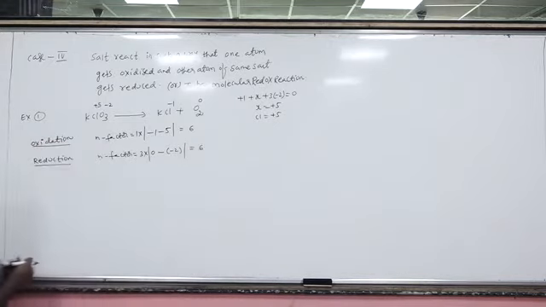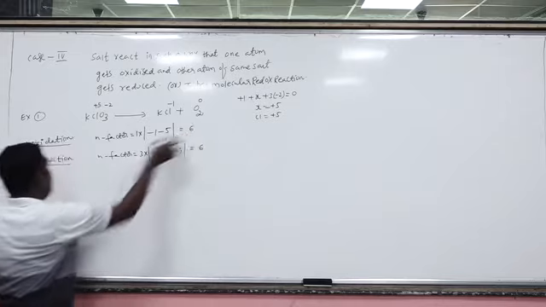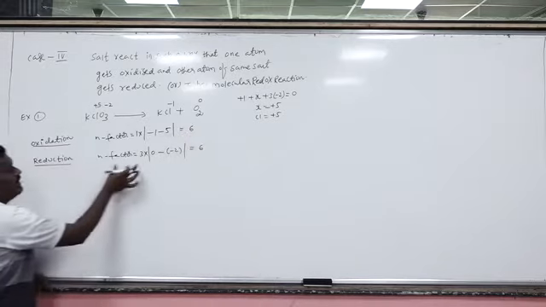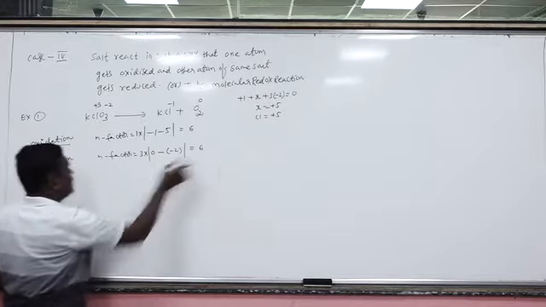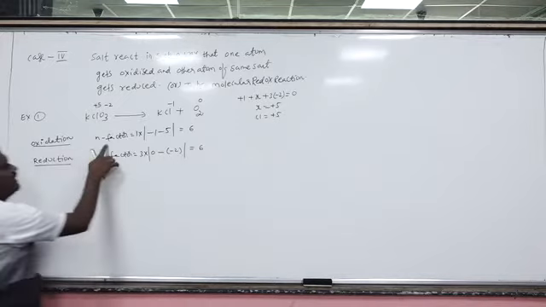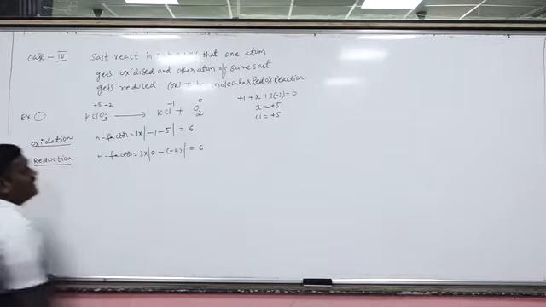Now here in oxidation, the number of electrons lost per mole of a species is 6, or in reduction, the number of moles of electrons accepted by the species is equal to 6. So we can calculate the N factor either by using the oxidation concept or by using the reduction concept.